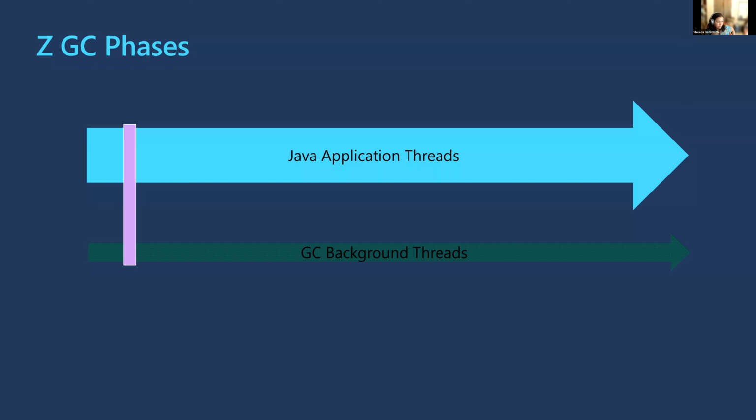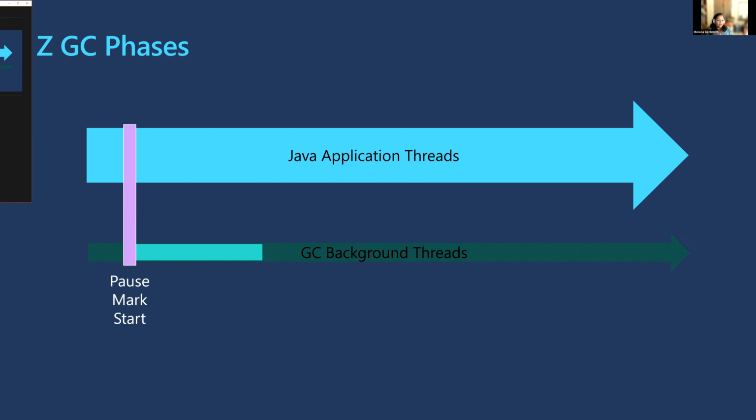When we talk about concurrent marking collectors that you know of in OpenJDK, that is CMS or G1, they call it initial mark. So pause mark start is nothing but initial mark. That's where we mark objects directly reachable by the roots, right? That's how we start our marking phase.